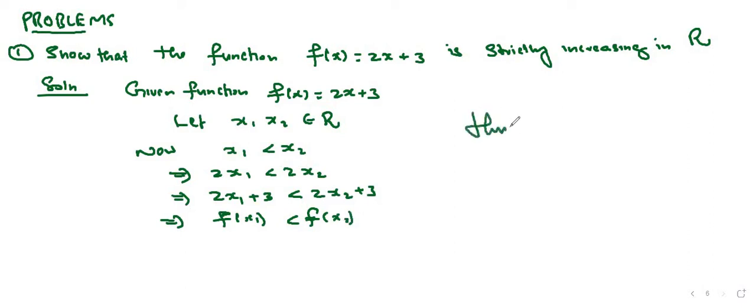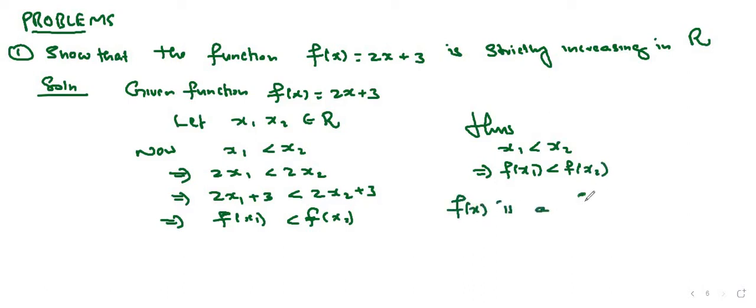Thus, we get x1 less than x2 implies f of x1 less than f of x2. That means f of x is a strictly increasing function on capital R.